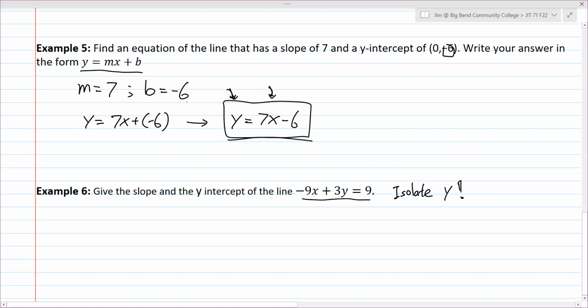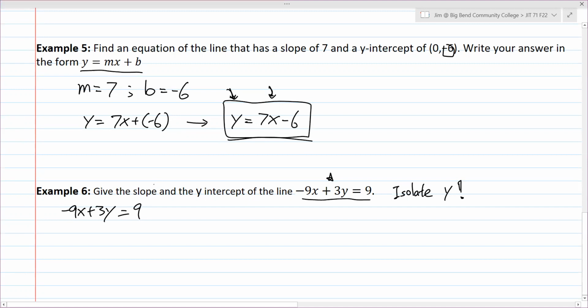A linear equation always starts with a single y. So whenever you see an equation given like that, you have to solve for y. You have to isolate y on one side of the equation, because we want to match the format of the standard linear equation.